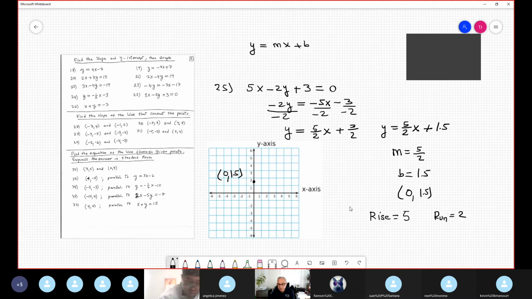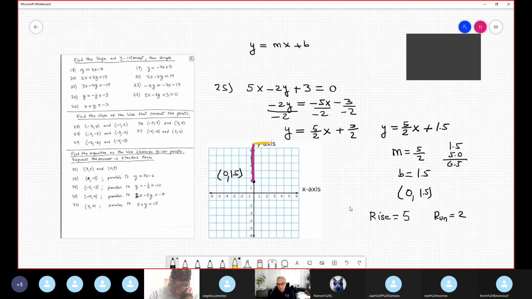So 5 units. 1.5 is the height of this, 1.5 plus 5 is obviously 6.5. Wow. The 6.5, 5 units is here approximately. This is 1.5. This is rise, 5 units up because of positive. And 2 here.